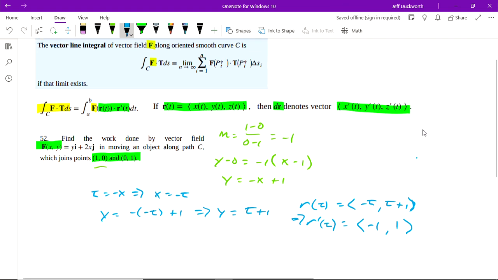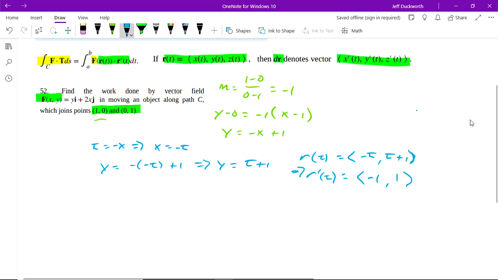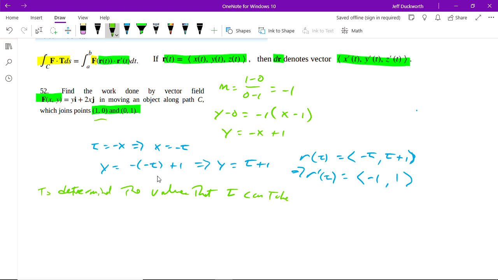We need to solve to determine the values that t can take. Choose either one.